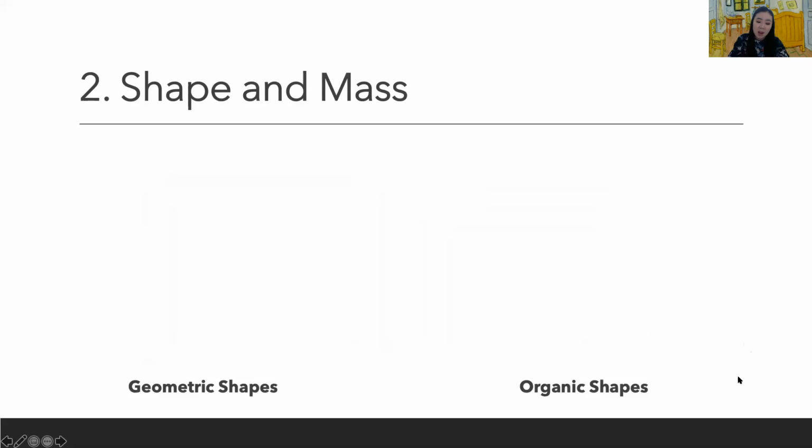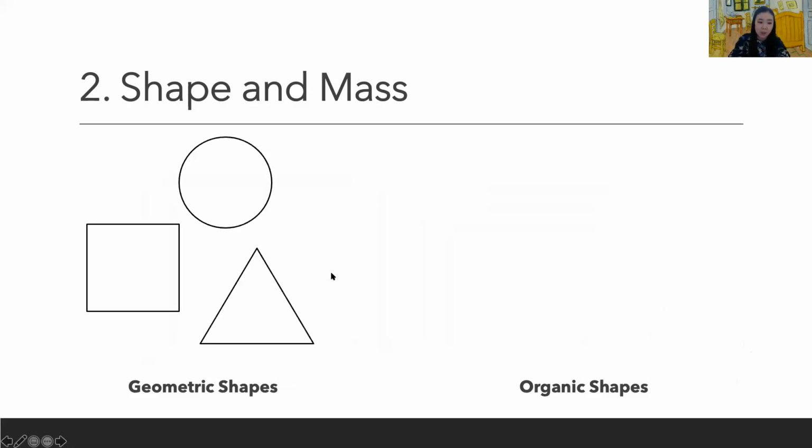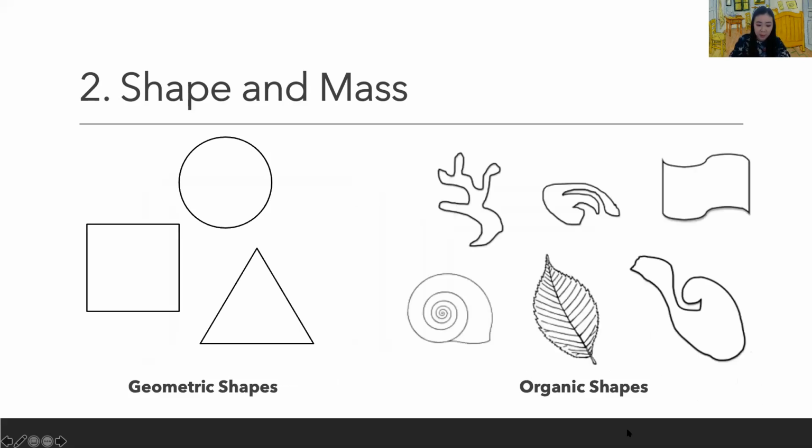And shapes can be classified into two types, geometrical and organic shapes. Geometrical shapes are composed of regular lines and curves. However, organic shapes are made up of unpredictable, irregular lines that suggest the natural world.